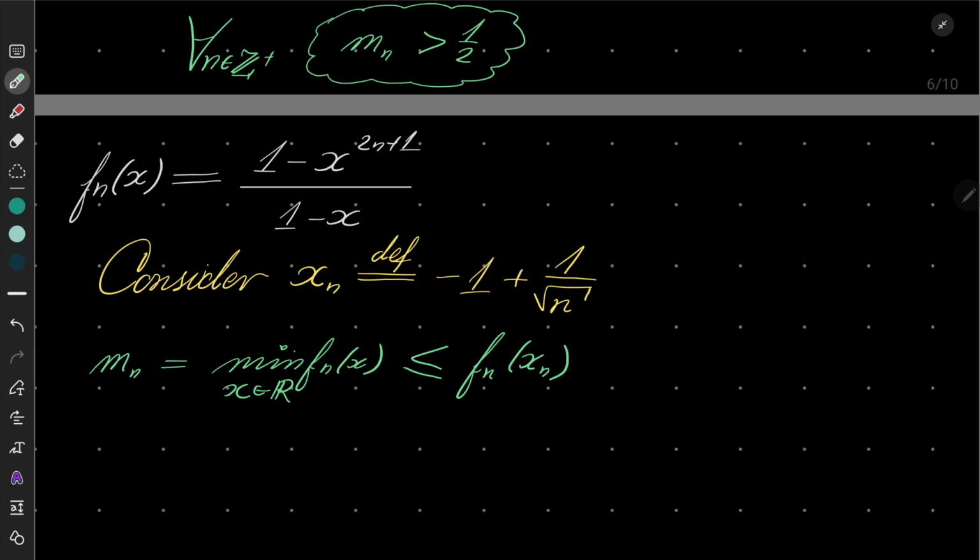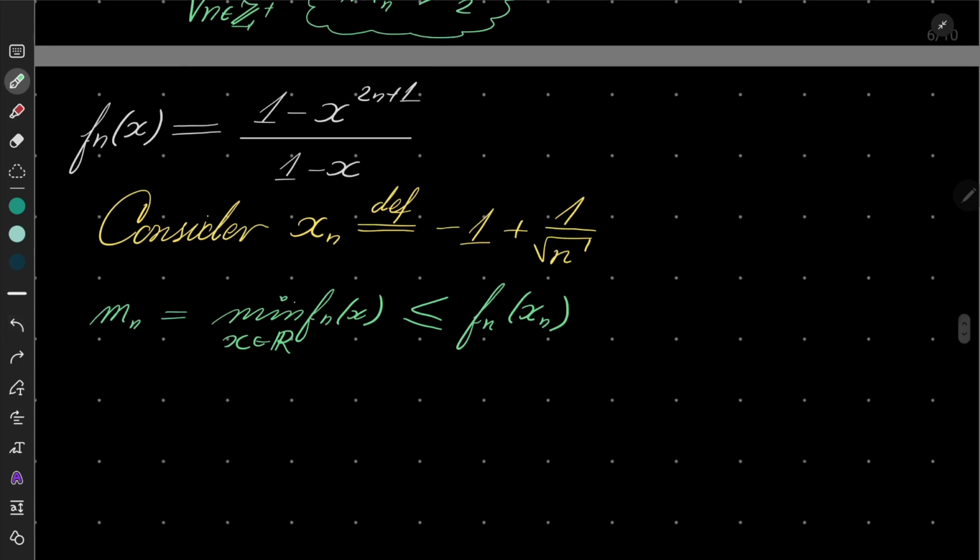Why is that? Well, because on the left hand side we have the minimum over all numbers, and on the right hand side we have f sub n at one particular argument.